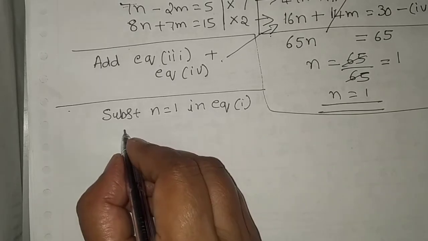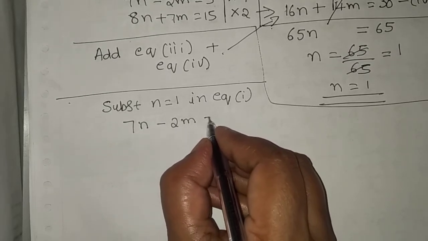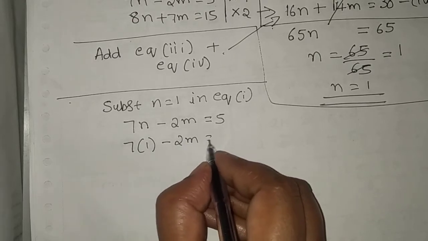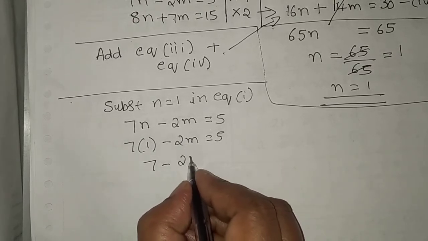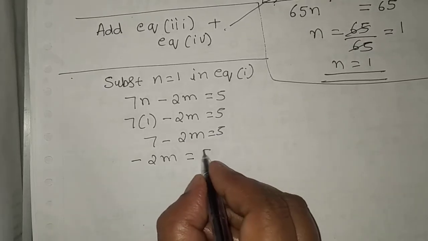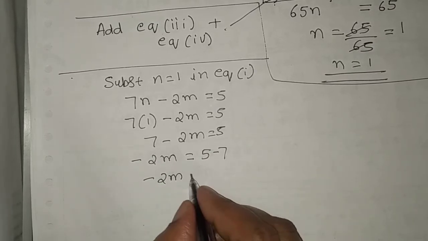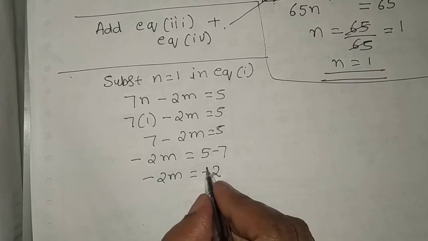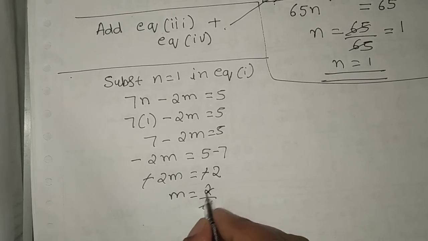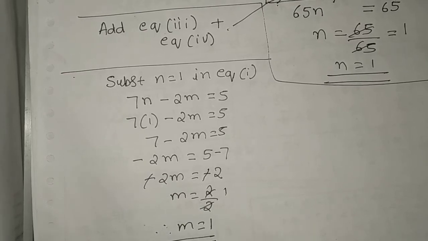So what is equation 1? 7n minus 2m is equal to 5. Therefore 7 into 1 minus 2 into m is equal to 5. 7 minus 2m is equal to 5. Therefore we get minus 2m is equal to 5 minus 7. Therefore minus 2m is equal to minus 2. Therefore 2 cancels, then m is equal to 2 by 2, which is equal to 1. Therefore m we are getting equal to 1.